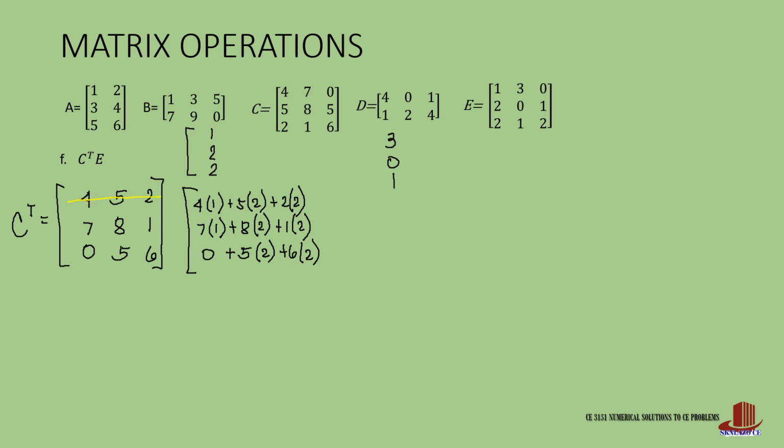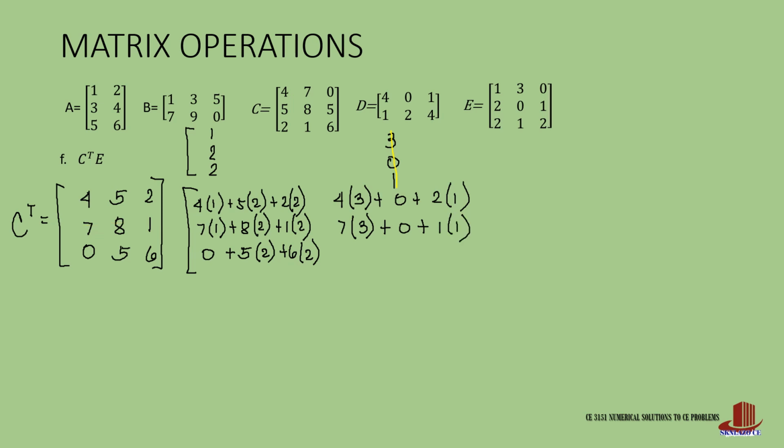Still moving up to the first row, this time with the second column. That would give us 4 times 3 plus 5 times 0 or 0 plus 2 times 1. Next we have the second row giving us the values 7 times 3 plus 8 times 0 or 0 plus 1 times 1.